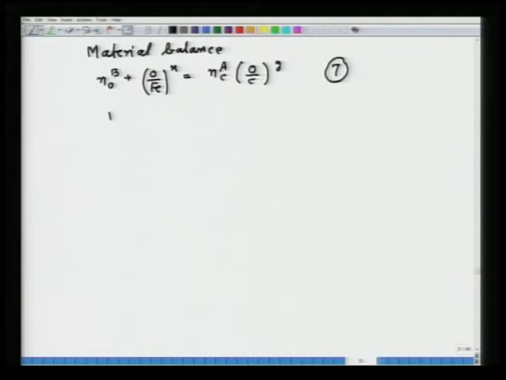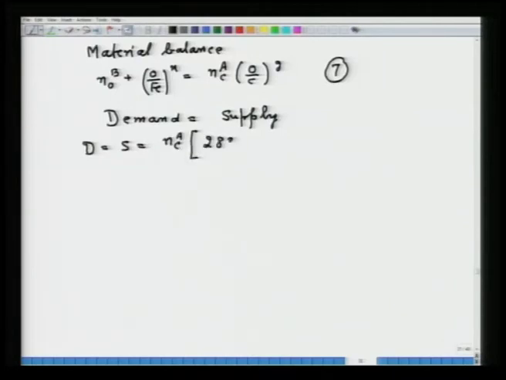Now, demand should be equal to supply. There should be no doubt on this. So, we know that demand D is equal to supply S, that is equal to NCA 283,000 O by Cg minus 172,000. Let us make this equation 8.